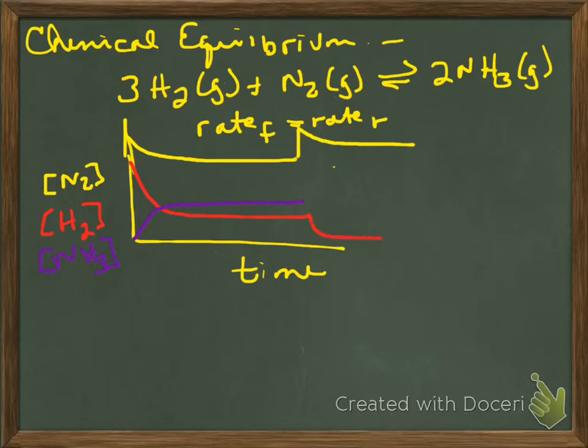I didn't draw enough, that should be 3 times that curve. And I'm going to be making more ammonia. This should be twice the curve. Okay. And then I will make a new equilibrium, but once I reach equilibrium, those concentrations of those different things remain the same. I hope that makes sense.